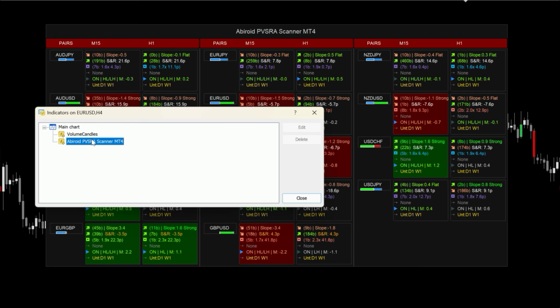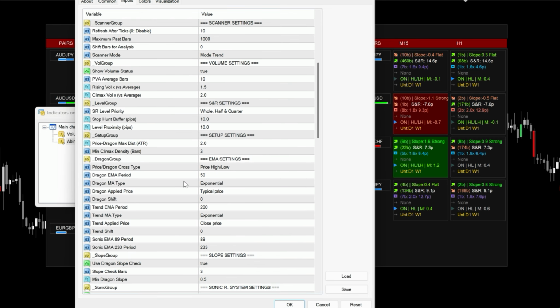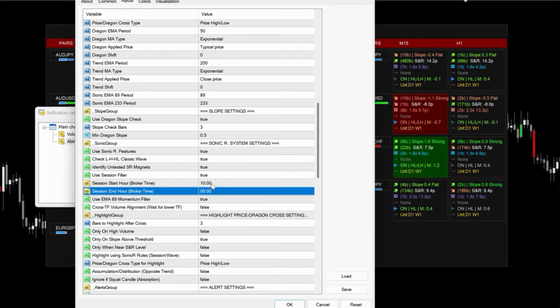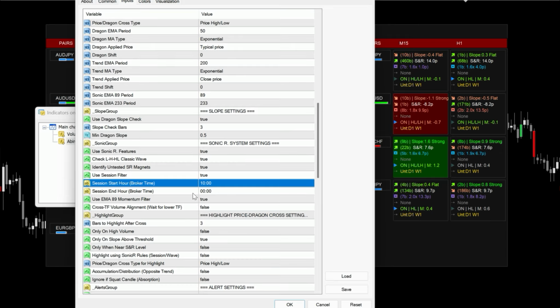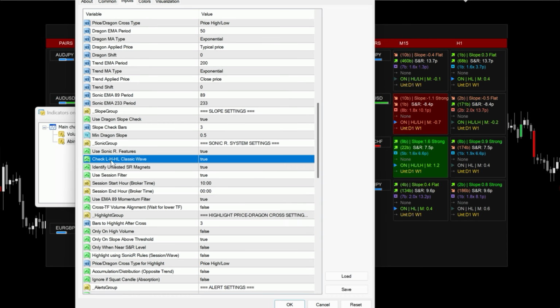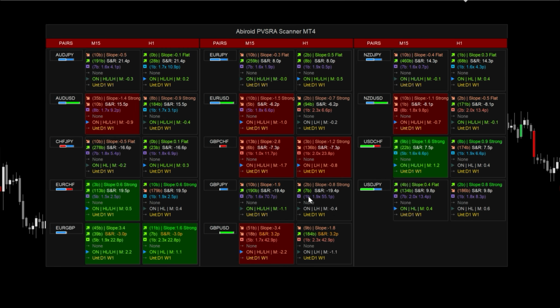You can set the session timings, session start hour and end hour. So these will use this start and end time to check for all of these LH, HL, classic waves. If you have this on, it means that we are now in the on session, within the start hour.